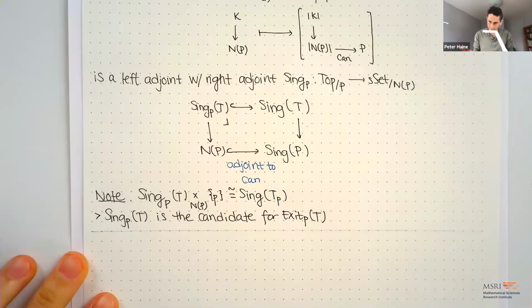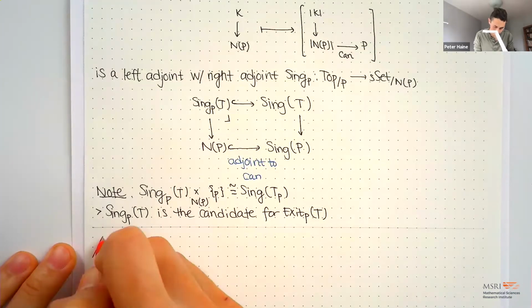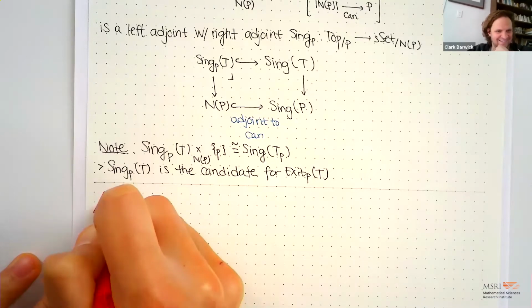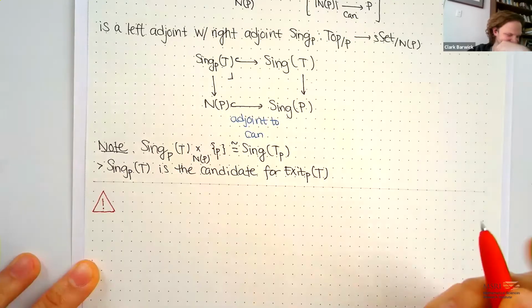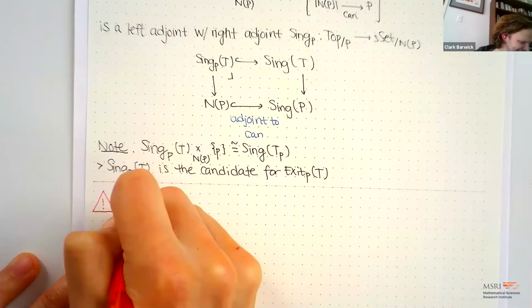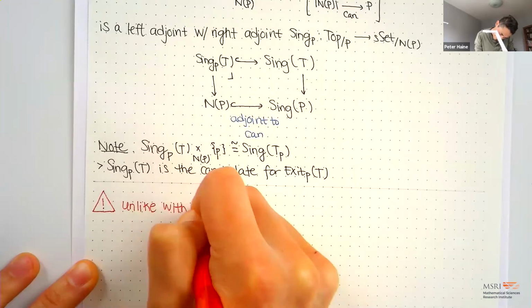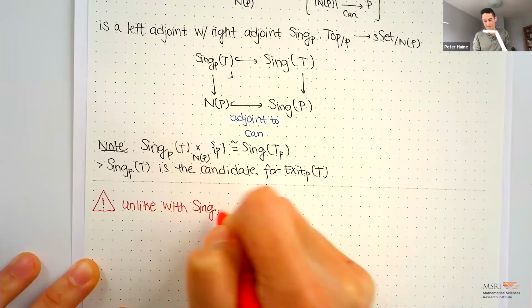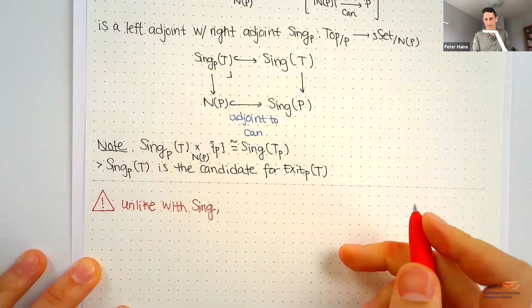But here's the big warning. Dun dun dun. This is the warning that for various points of my life has been the bane of my existence: unlike with Sing, if I take Sing of just any topological space, I get a Kan complex.